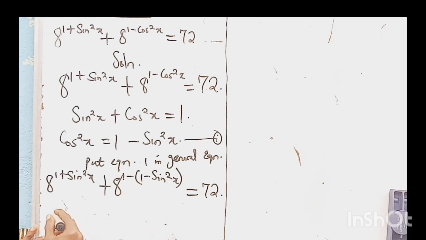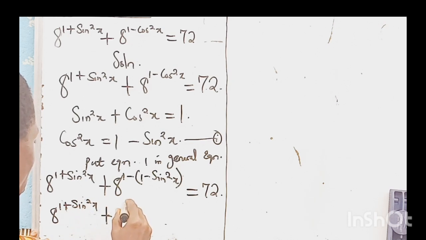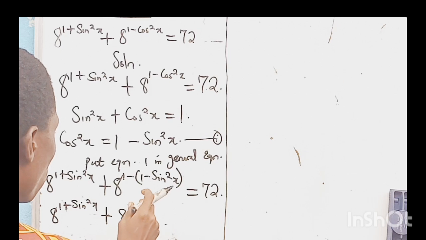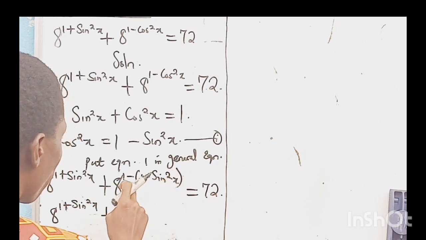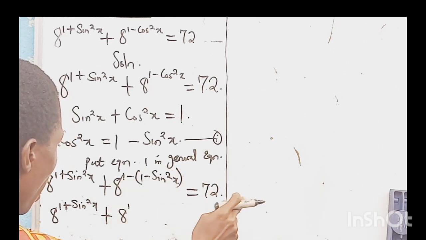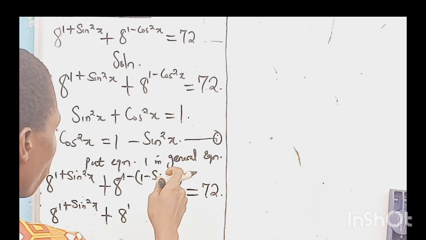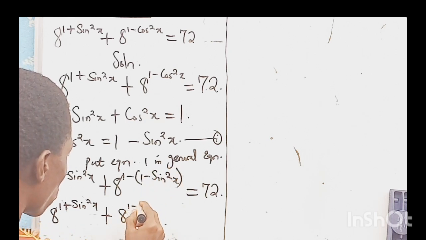So if we do so, we have 8 raised to the power of 1 plus sine square x plus 8 raised to the power of 1. So if we clear this bracket here, we have minus multiplying each and every term in the bracket here. That will be minus 1.